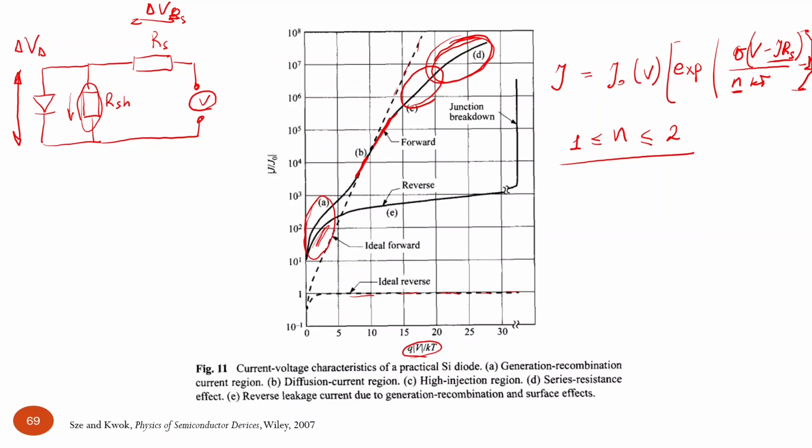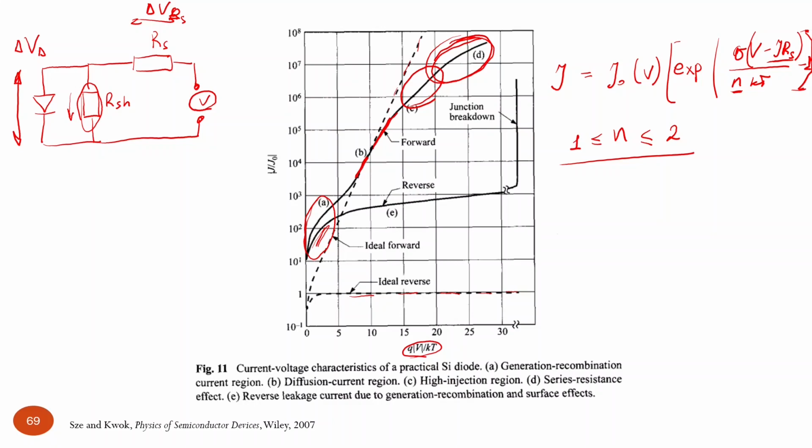Obviously, those who are interested in more details would find it interesting to learn from a quantitative point of view about generation recombination currents, for instance, how they depend on voltage and which other parameters matter there. However, at this stage you know how to derive the equation for an ideal PN junction, assuming only diffusion processes.